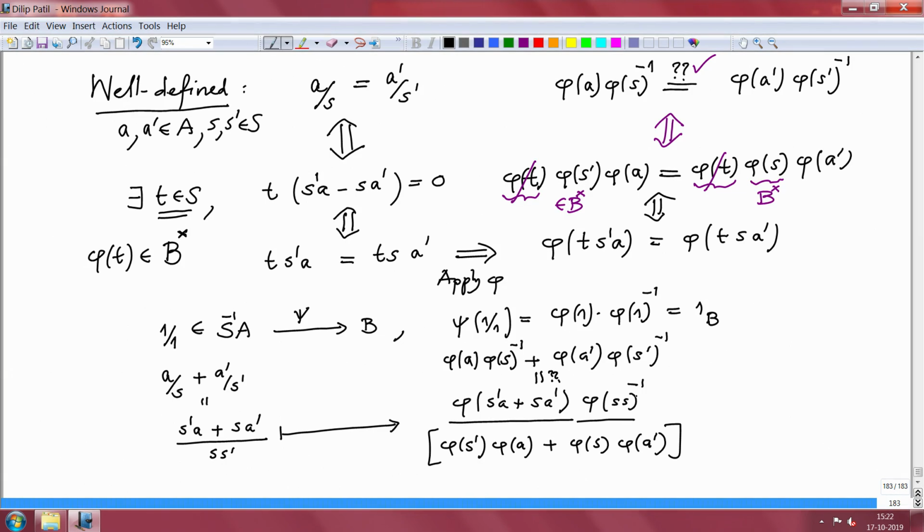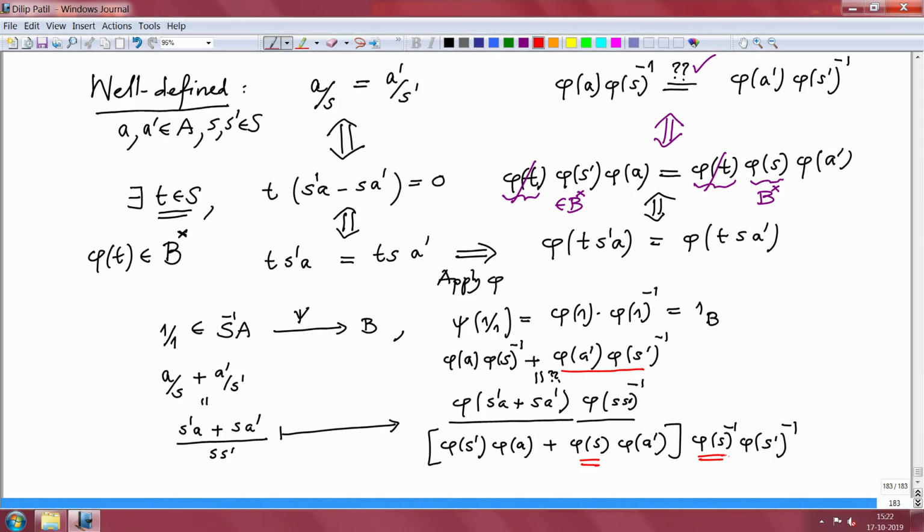First I will expand this and take the inverse, so phi S, oh this is S prime, and the inverse will come like this. But now just see that this will get cancelled with this, and what will remain is this term.